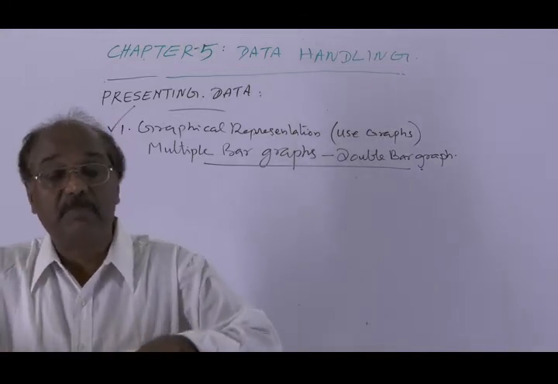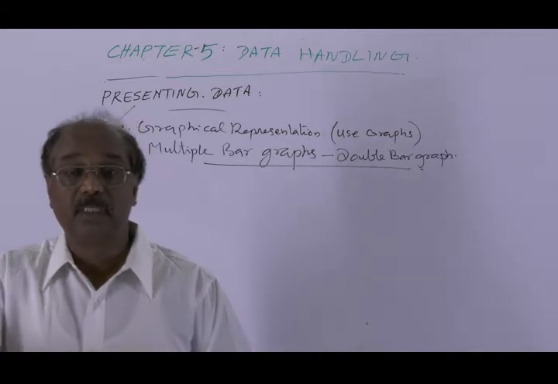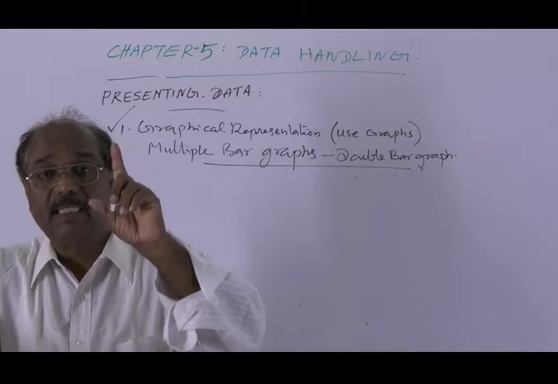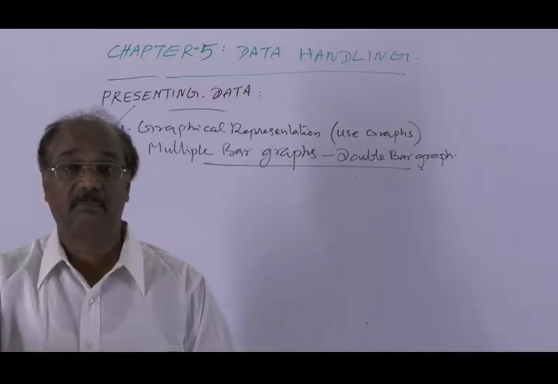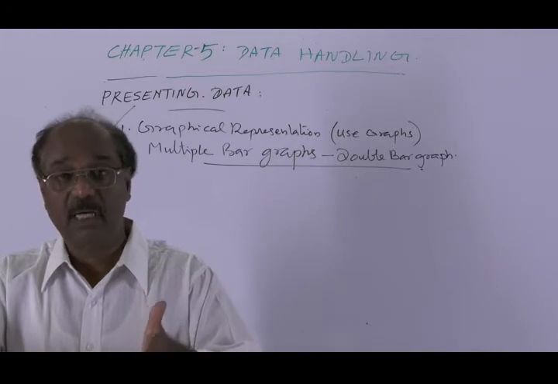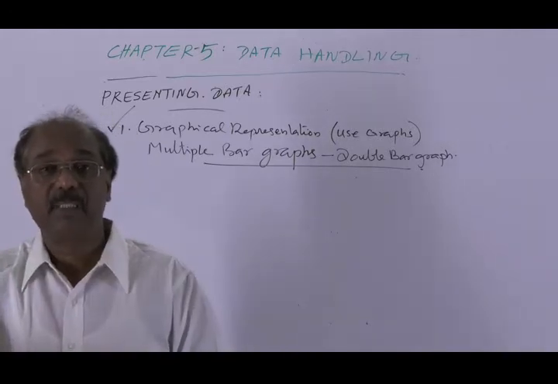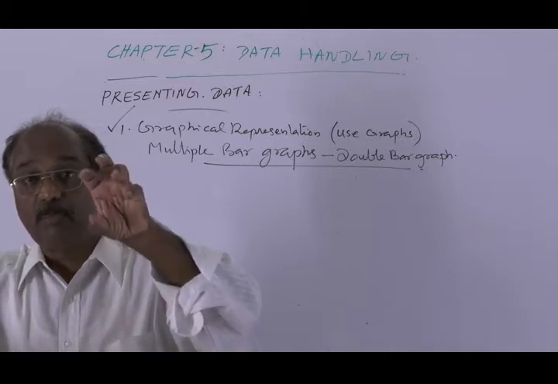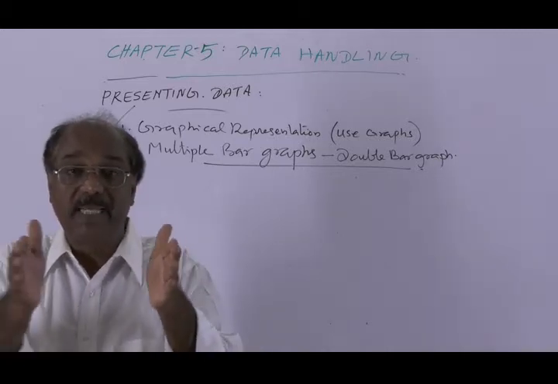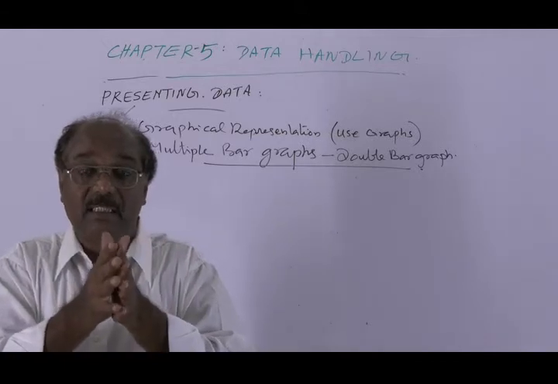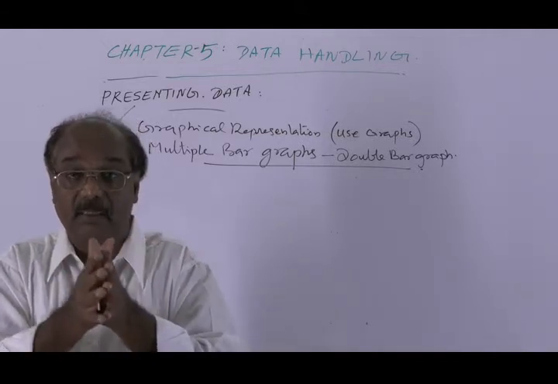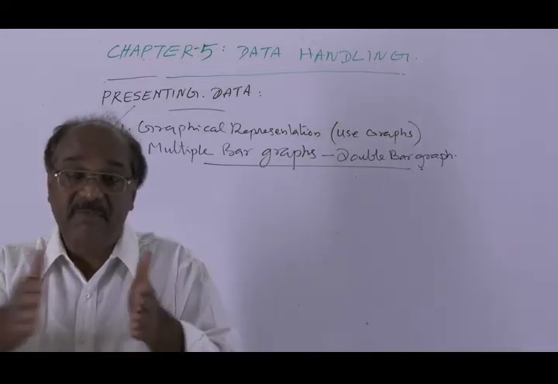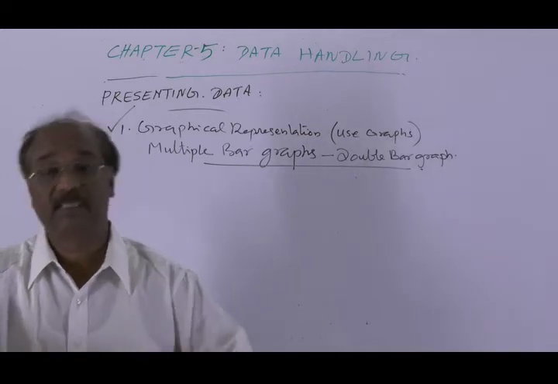But in the case of multiple bars, there can be 2 bars or 3 bars according to the case, that will be a single unit, a single block of bars. Those bars will be placed adjacently, one touching the other. That will be a block. In that case, the spacing between the blocks of bars will be the same.